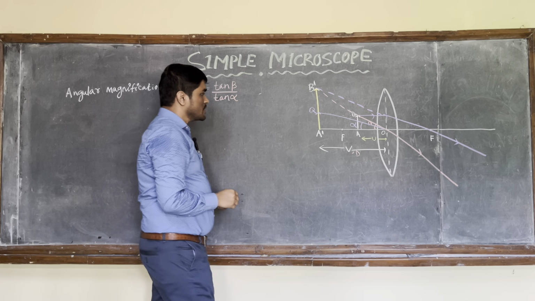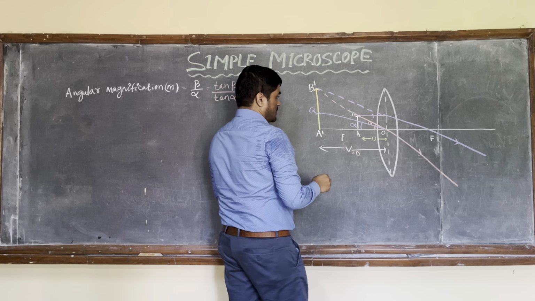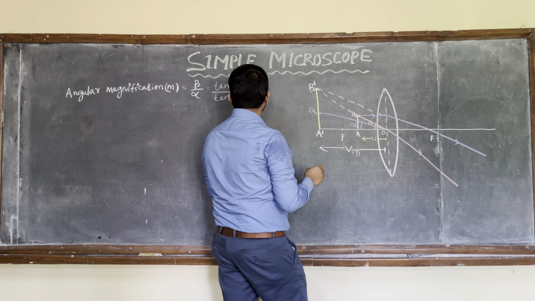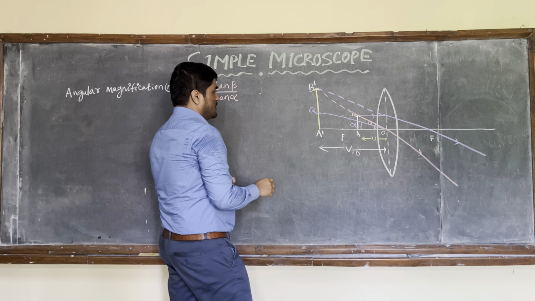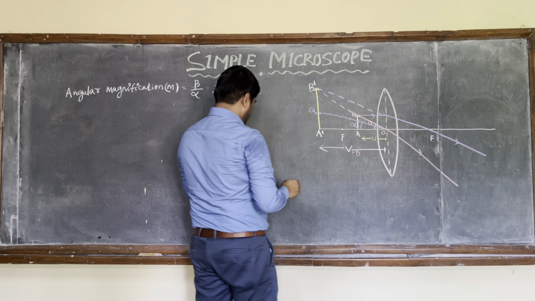Clear? And here in the triangle AOB, tan beta will be AB divided by AO.